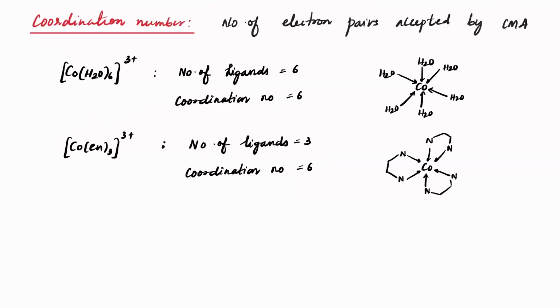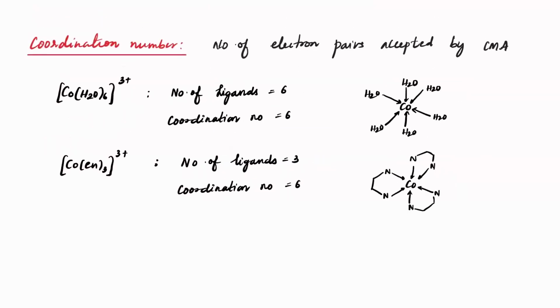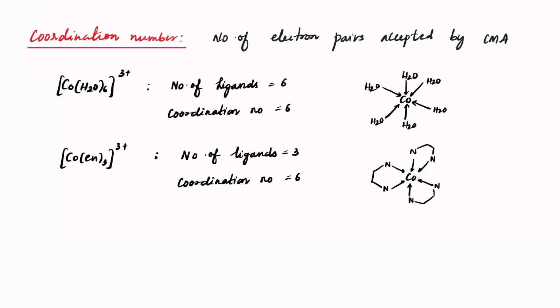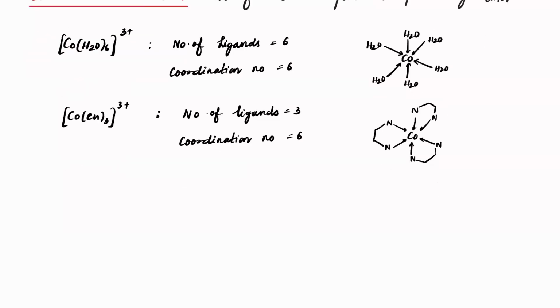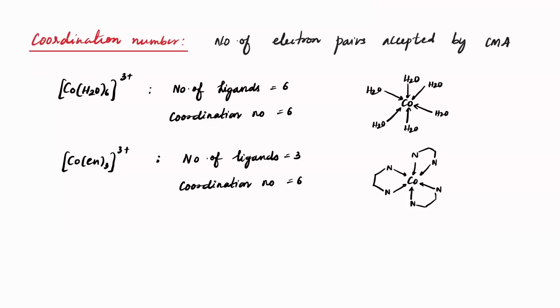Any doubt? Here the coordination number is 6 because there are 6 connections to the central metal atom, but they are all coming from only 3 ligands. Each ligand is offering 2 connections. Got it? So that's the difference between the number of ligands and coordination number.